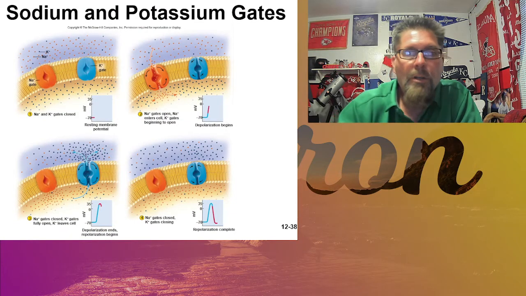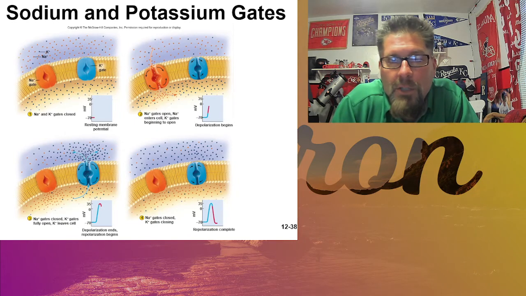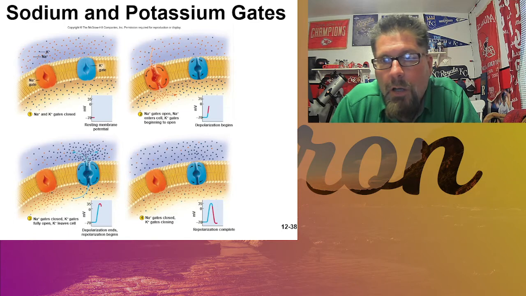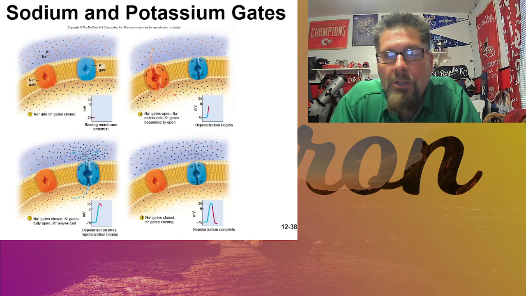Looking again at how the sodium-potassium pump comes into play. Step one, you can see it's at the resting membrane potential. They're both closed. Then in part two, the sodium gate opens up, sodiums come roaring in, and you can see the line going up.